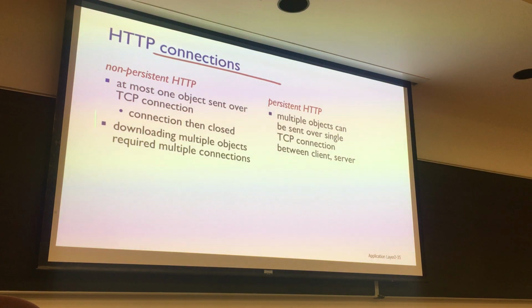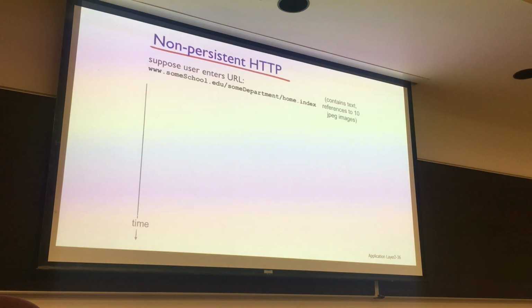The advantage of non-persistent HTTP is you can open multiple parallel connections. So if you download 10 objects, all those objects can be downloaded through 10 different connections simultaneously. But the disadvantage is this involves a lot of overhead.